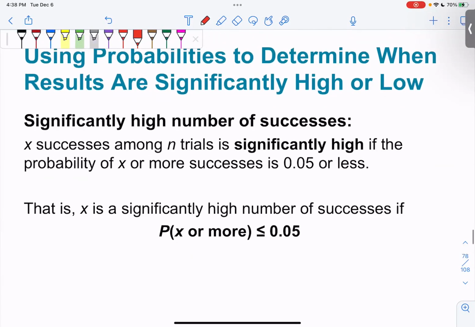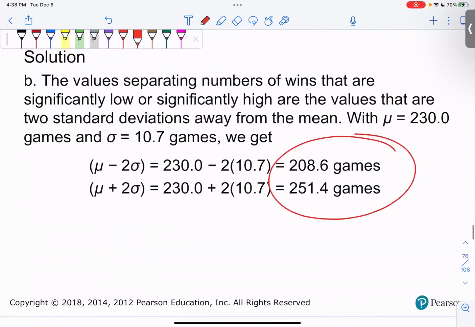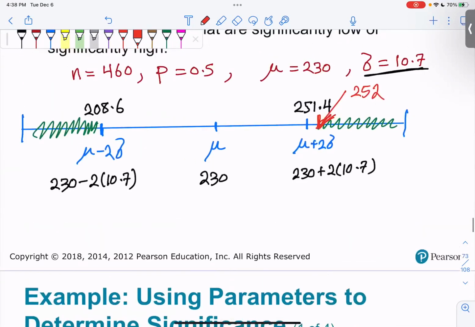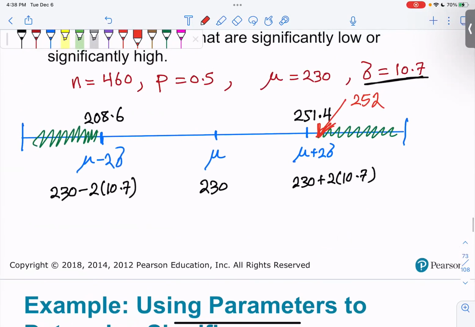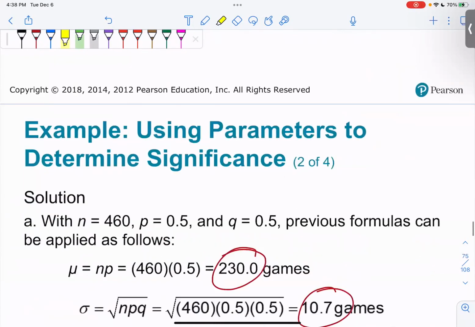Okay, again, we can say that x is a significantly high number of successes if the probability of x successes or more is less than or equal to 0.05. That means the probability that we will get a number here or here is less than or equal to 0.05.